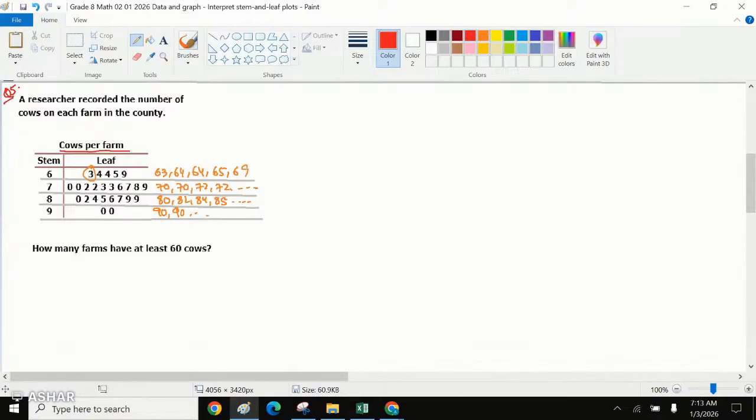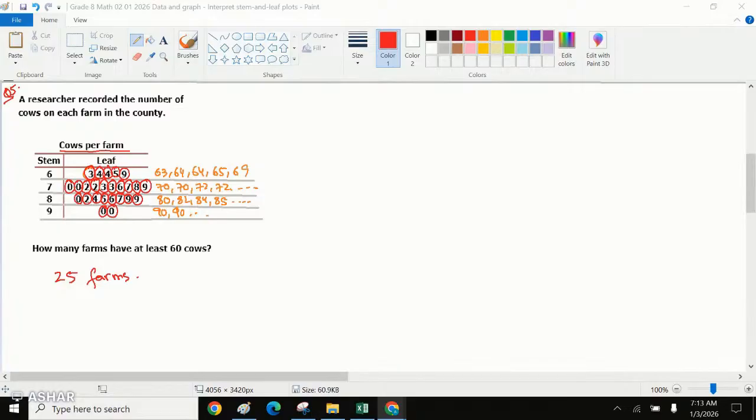So what we do simply is we count the number of leaves. 1, 2, 3, 4, 5, 6, 7, 8, 9, 10, 11, 12, 13, 14, 15, 16, 17, 18, 19, 20, 21, 22, 23, 24, and 25, right? 25 farms are there. That means each farm has more than 60 cows, because 63 is the minimum number and that is greater than 60, right? Okay, do we agree?